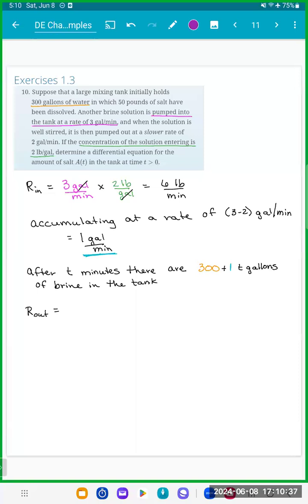This tells me it is pumped out at a slower rate of 2 gallons per minute, times our output rate of brine. This is going to be A over something pounds per gallon.